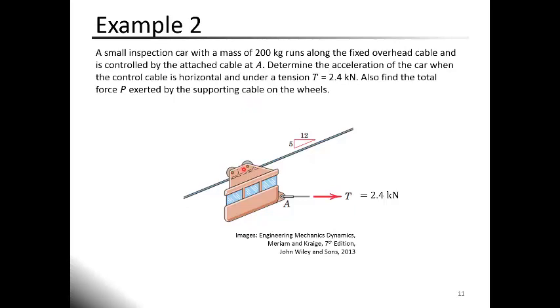So we have a couple of wheels here. We need to find the reaction force, we call it P, between the cable and the car. So two things here. We need to find the acceleration of the car that is going in this direction along the cable, and we also need to find the P, which is the reaction force between the car and the cable.